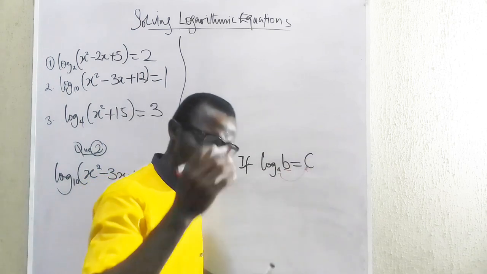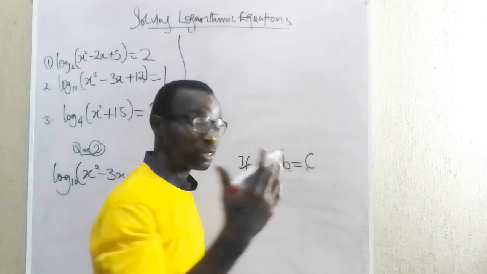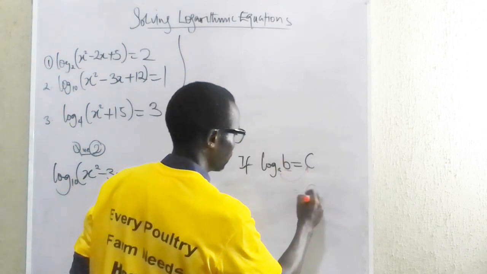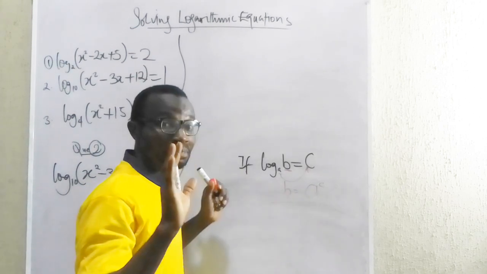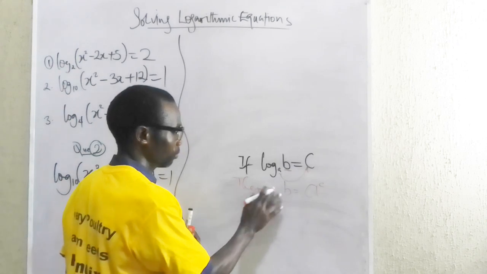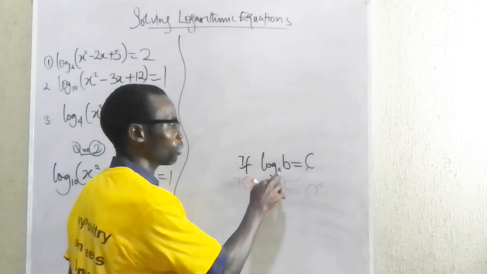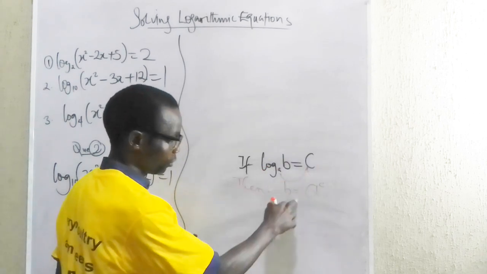In other words, just assume a pushed c up, and so c became the exponent or the power. So just make it a to the power c equals b. Simple. So the log of a number to a particular base is the number of times the base will be raised to give the number. So this is just it.